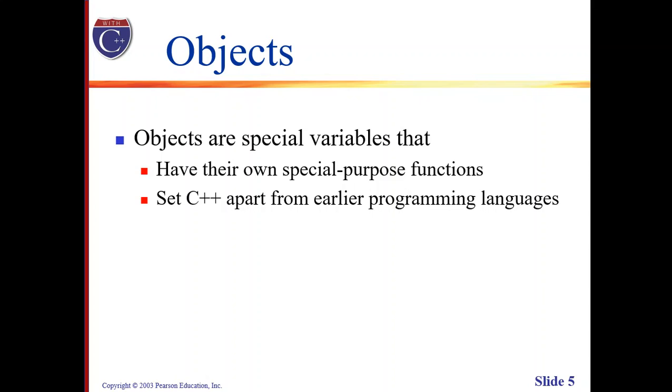In its most basic, objects are special variables that have their own special purpose functions. And that's what sets C++ apart from earlier programming languages. Actually, before C++ was developed, we really didn't have a real concept of a programming language that supports object-oriented programming.